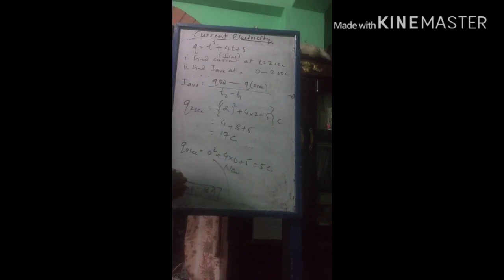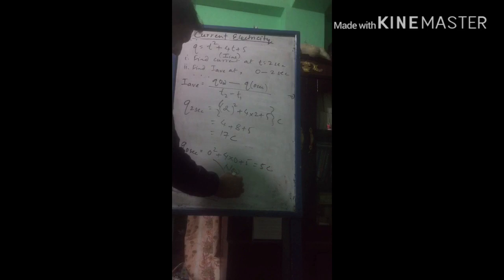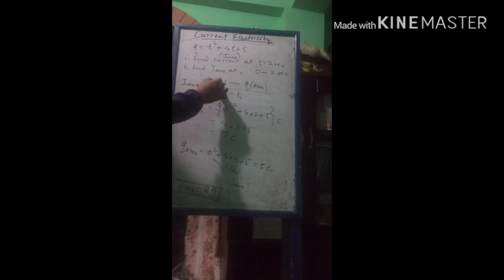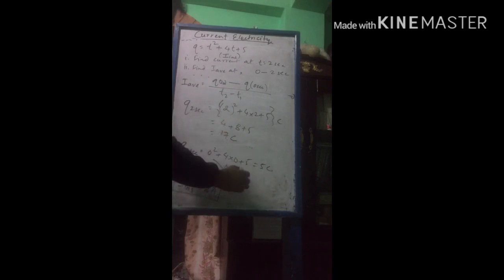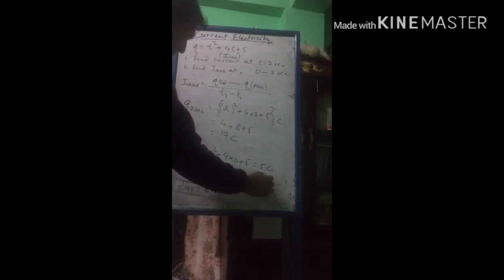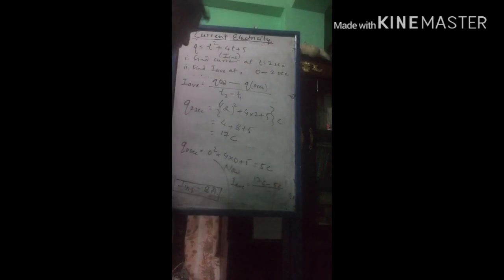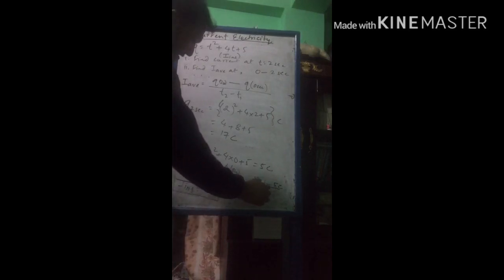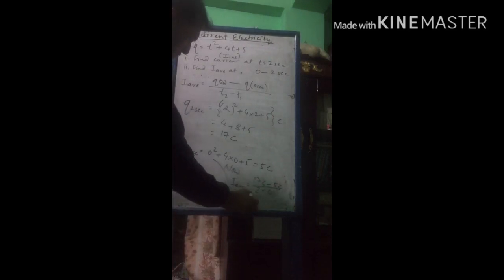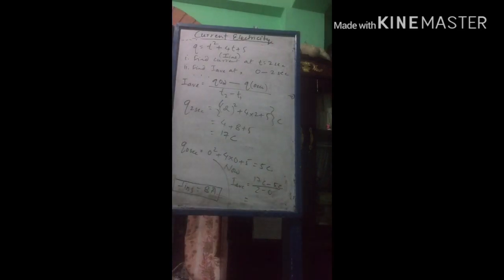What will be the I average? Q in 2 seconds is 17 coulomb minus 5 coulomb, upon t2 minus t1, which is 2 minus 0, that is 2 only. Can you calculate it?